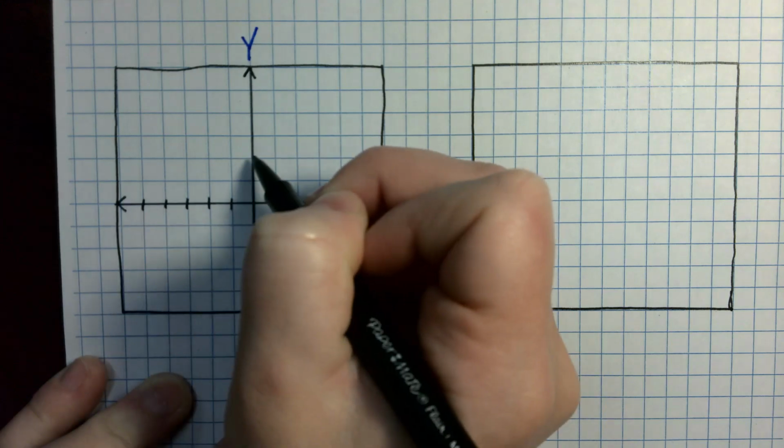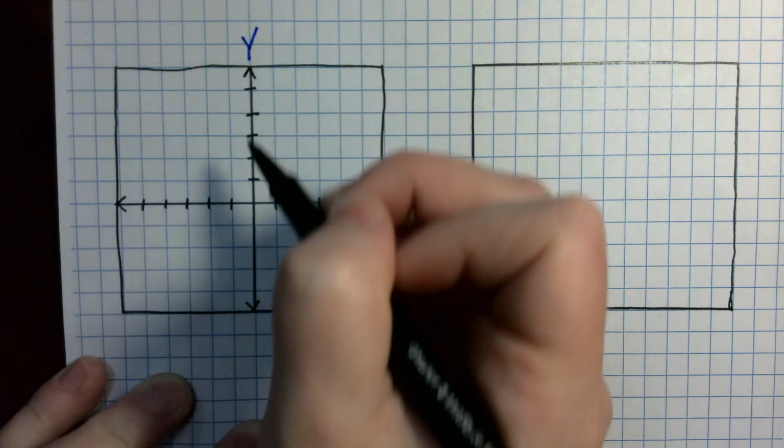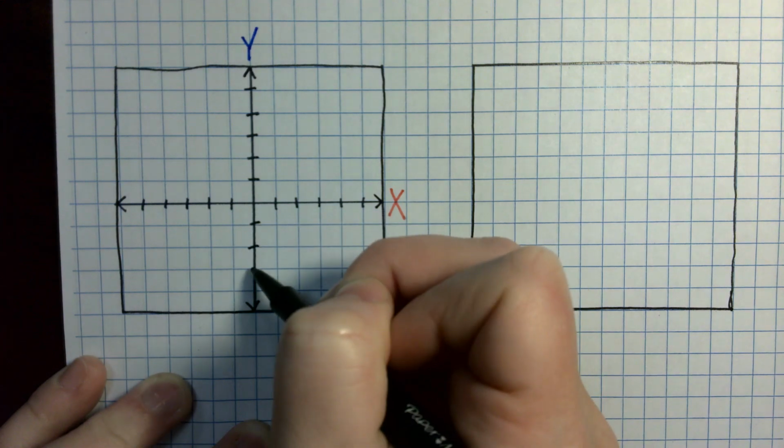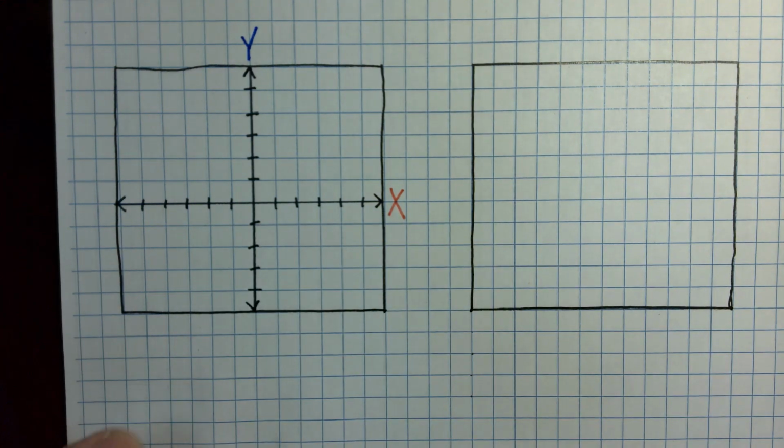Just like this. And a lot of times I won't label the numbers just because I feel like it can make your graph look a little congested and crowded. But if seeing the numbers on there helps you, by all means, you can label your numbers too.